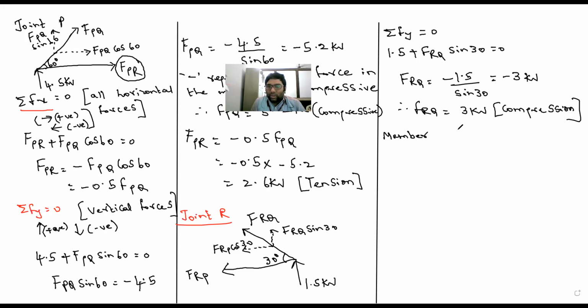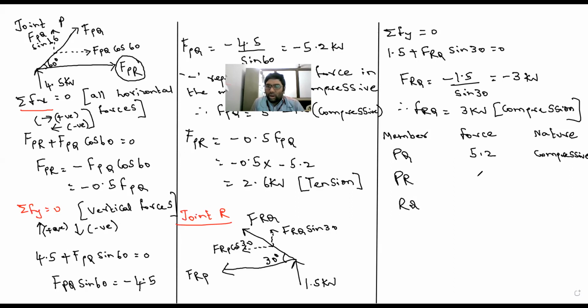Therefore, what are we doing now? Member, total force acting, and nature. So what do we write here? PQ, PR, RQ. How much did we get for PQ? 5.2, and it is compressive.